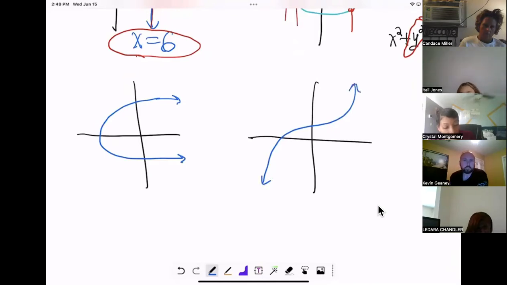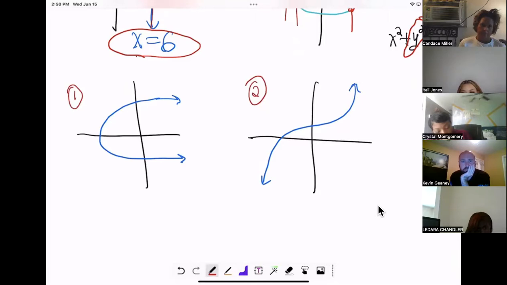So there's my two graphs. So think about what you were saying. I'm going to label this 1 and 2. Number 1, not a function. Not a function. Very good.